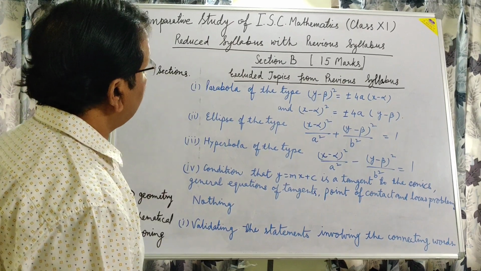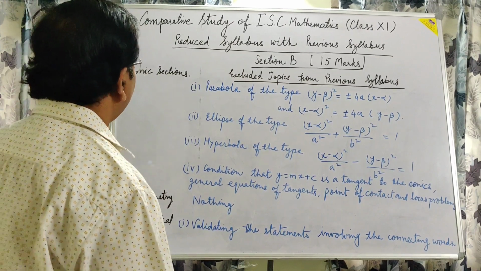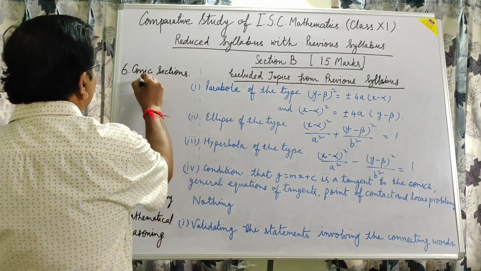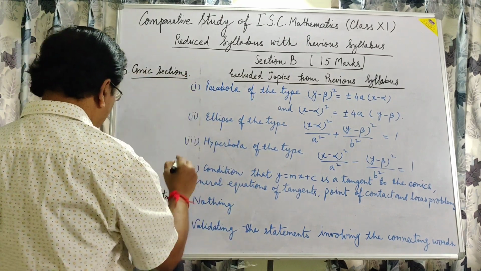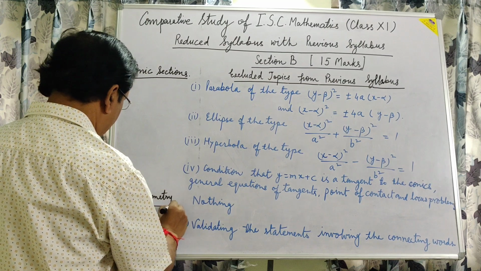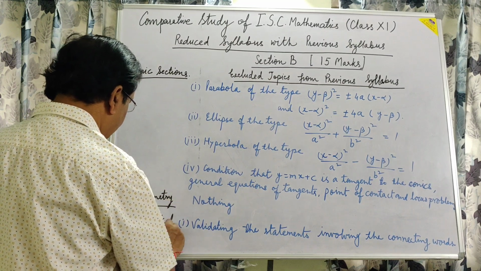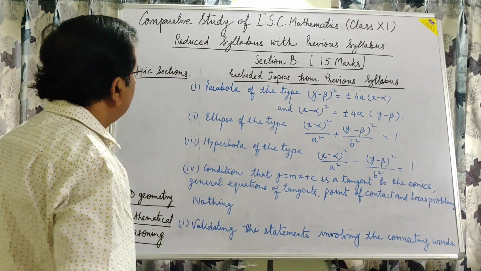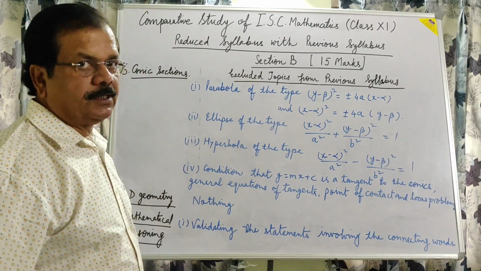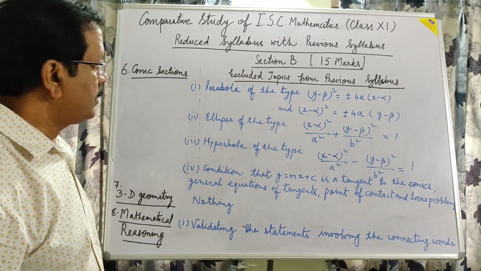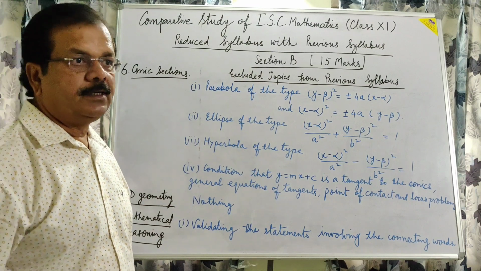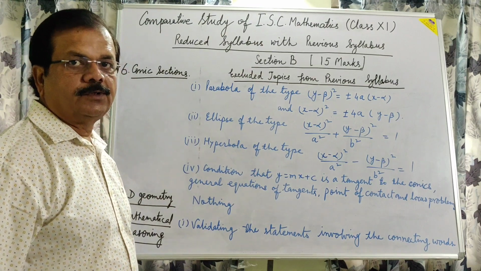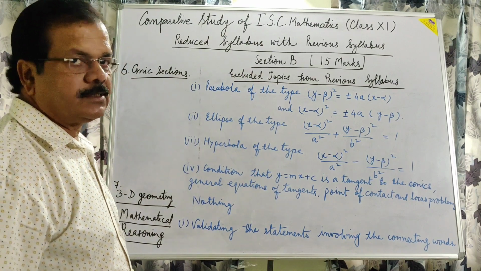In section B, as a whole, we are studying 3 chapters till date: conic section, introduction to 3-dimensional geometry, and mathematical reasoning. From the chapter conic section, 4 subtopics are excluded from the previous syllabus.